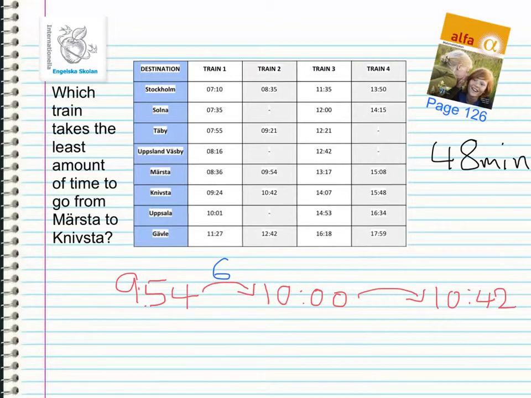From 10 o'clock until 10:42 is an extra 42 minutes, which means that in total the train has taken 48 minutes also.